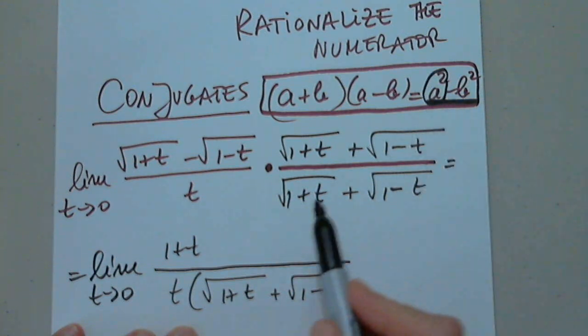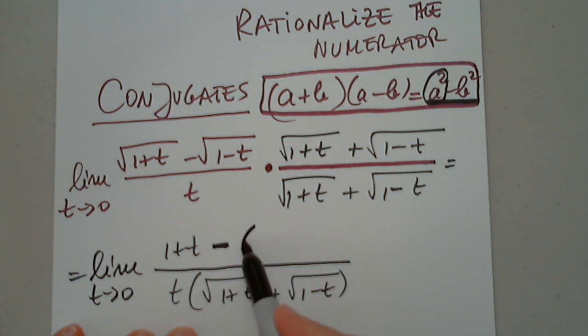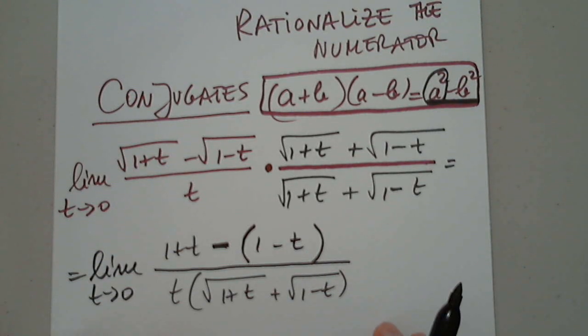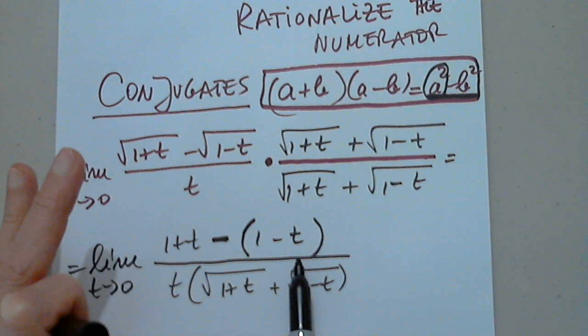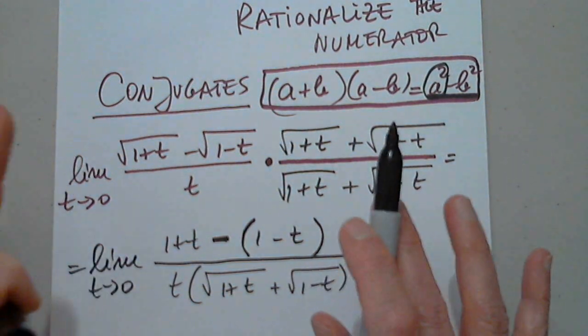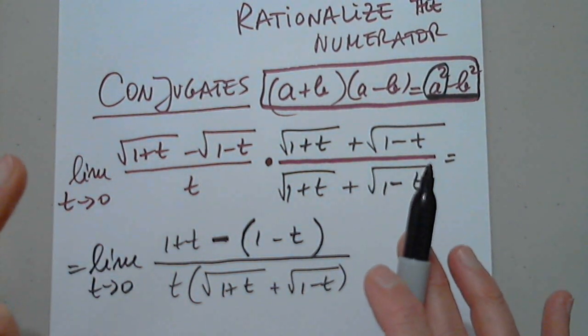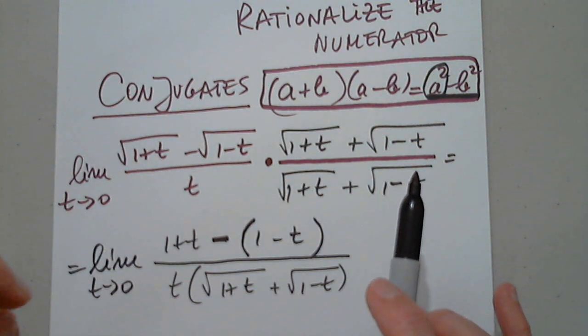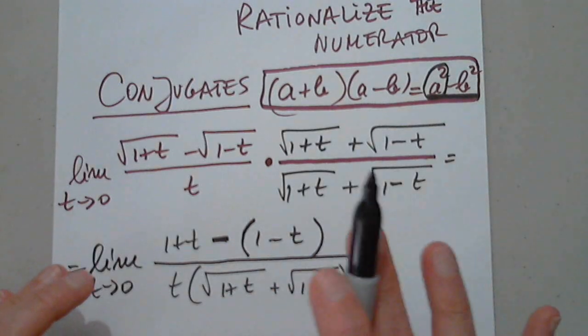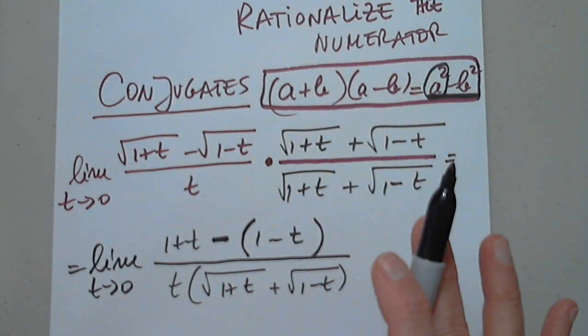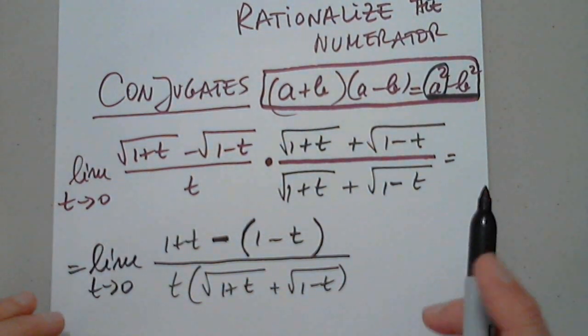Then I have to write minus, and then I have to put parentheses, (1 minus t). I have to show this. Did you say minus 1 plus t? I wanted to show where it's coming from. You may have said it correctly, so if I missed something, I apologize.